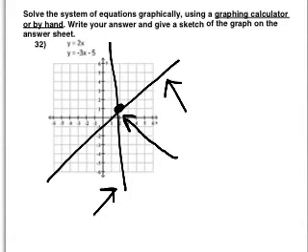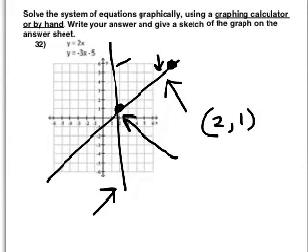Let's say that point was 2, 1. That point would work in both equations. It would come out as an equality. But that's the only point of those 2 lines that's going to work out that way. The point out here, well, that point will work in this line, but it won't work in this line.